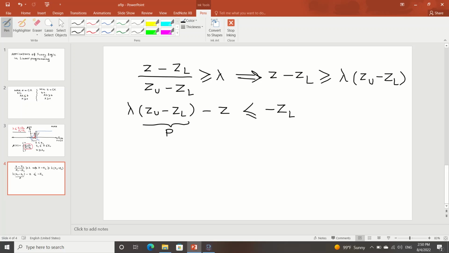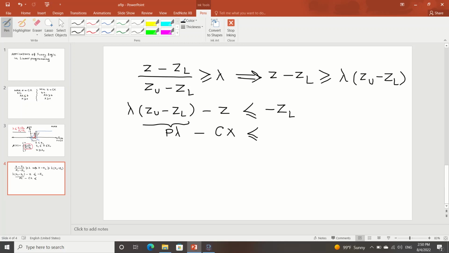So instead of Z, we can use Cx. P lambda minus Cx is less than negative Z lower.